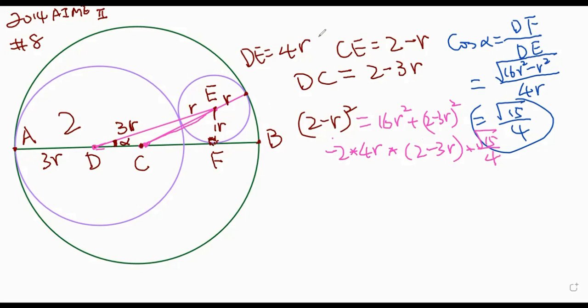Okay, that's expanded. Then this will go to 4 plus R squared minus 4R, right? Equals 16R squared plus 4 minus 12R plus 9R squared.